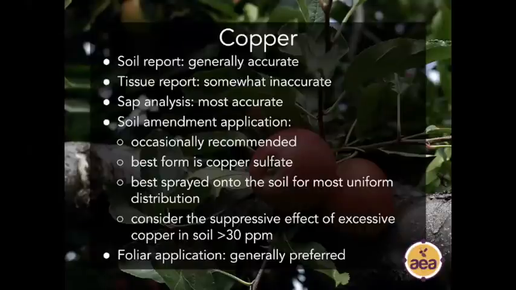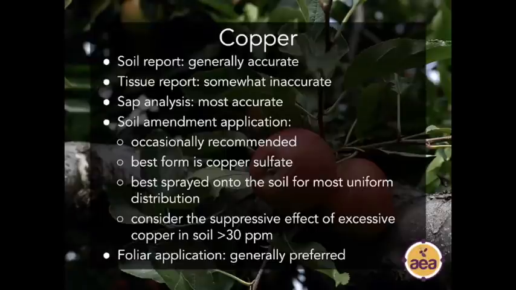The conditions where we would make such a recommendation would usually be on very light sandy soils that do not have copper in the geological profile, where copper levels are extremely low, and where copper is not being applied for bacterial control in the form of bacterial copper sprays and so forth.